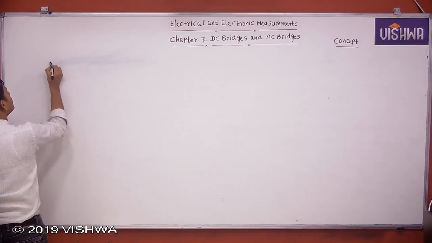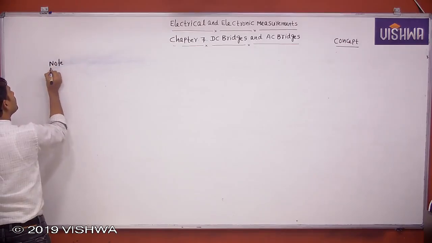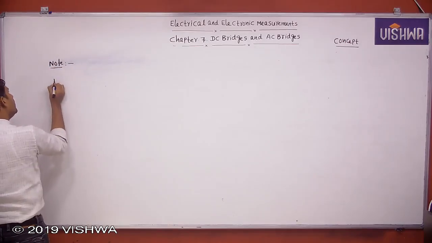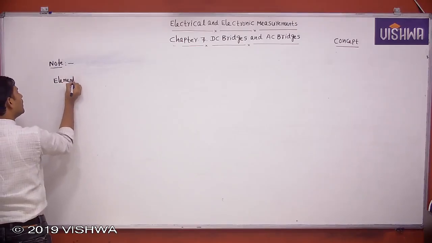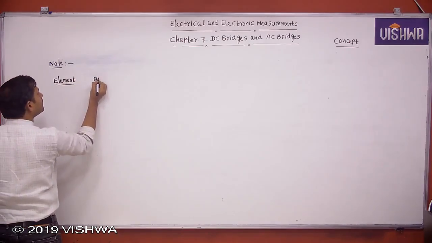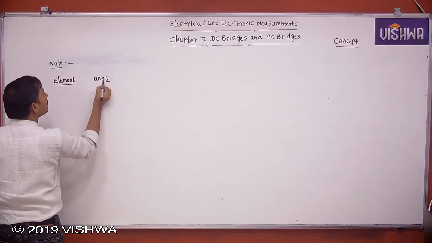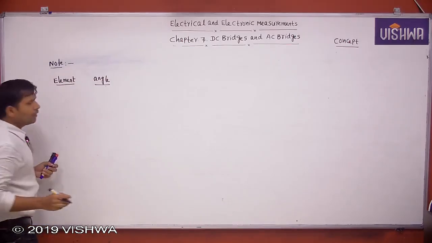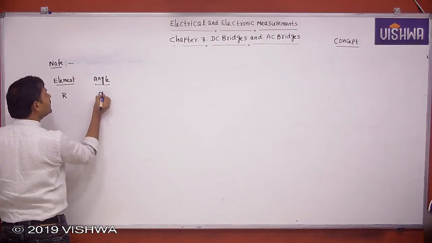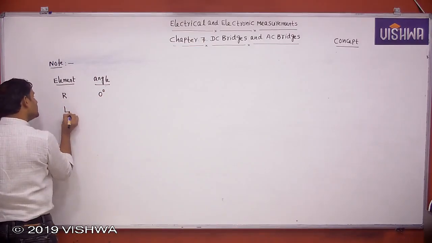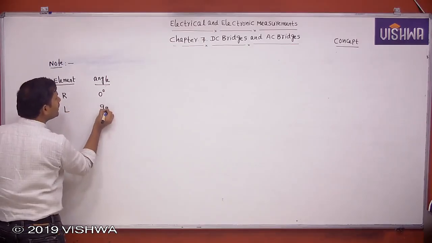Remember as a note: element and angle. If it is a resistive element, the angle is 0 degrees. If it is a pure inductor, plus 90 degrees.